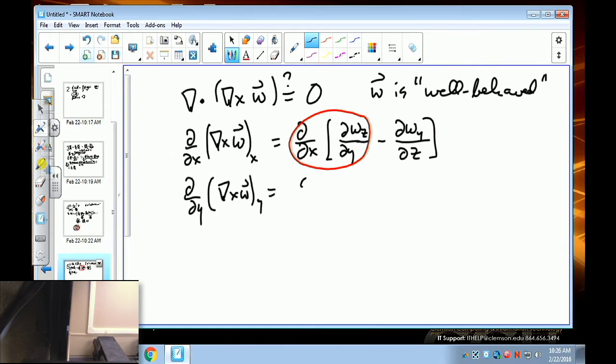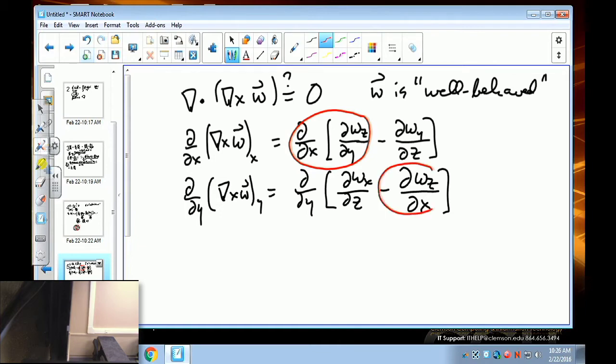We'll go ahead and write it down. Here it is, right there. That one will cancel with this one, including the derivative with respect to y. So you have 6 terms, and each one has a partner that it cancels with. Therefore, you can see that the divergence of a curl is always 0.